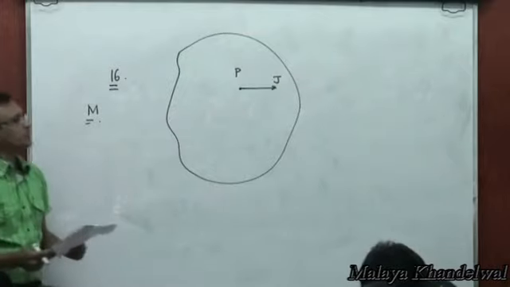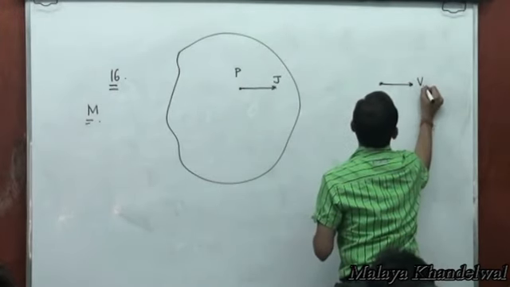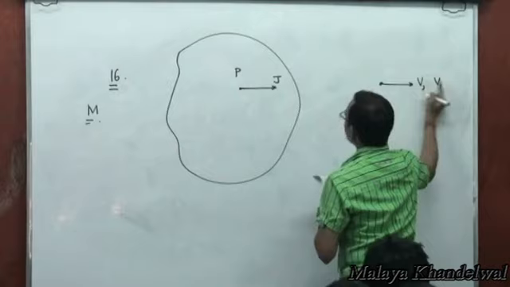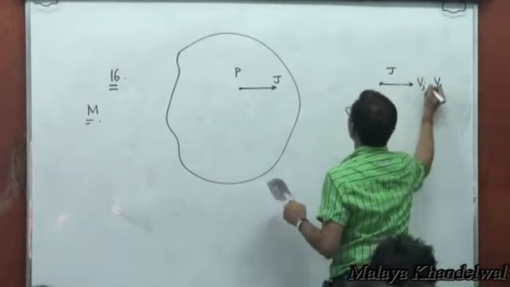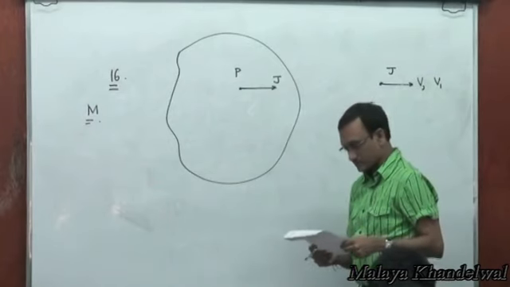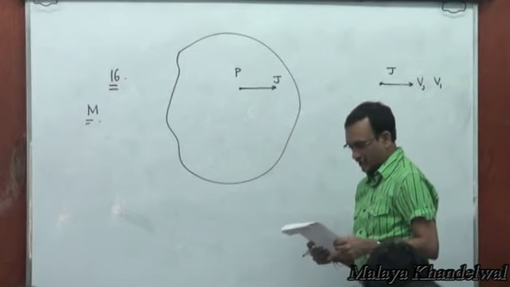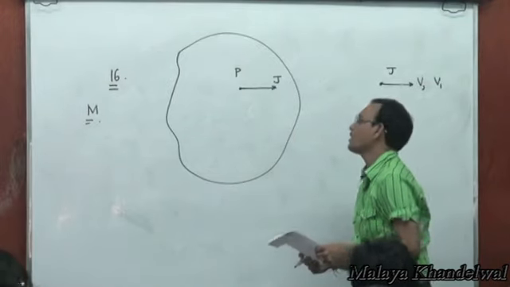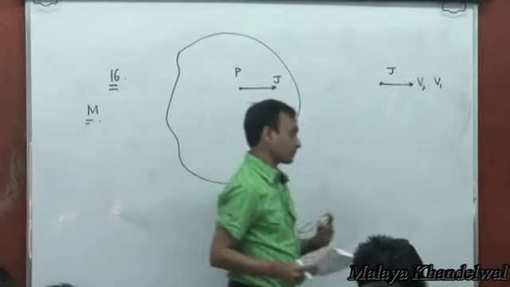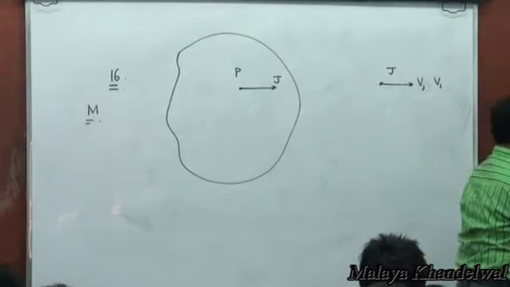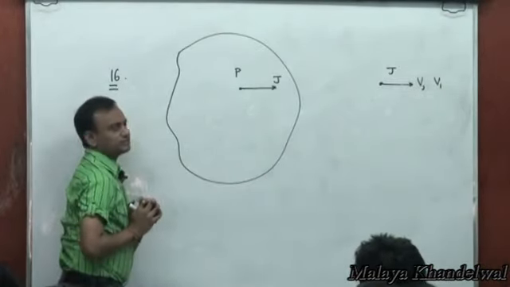Right? So that the change in kinetic energy of the body, that is the work done on it by the impulse, is half of J into V plus V1. Forget that for a while.